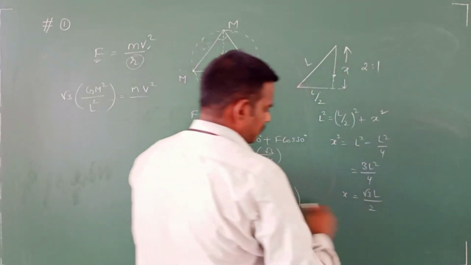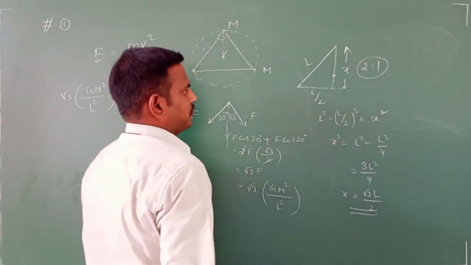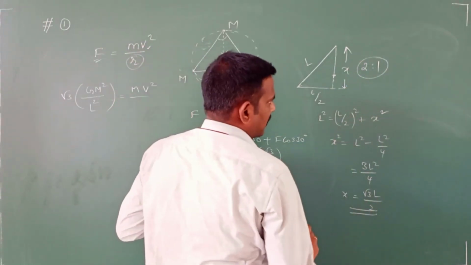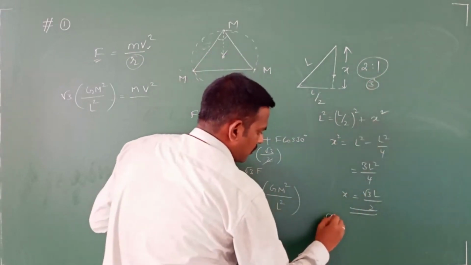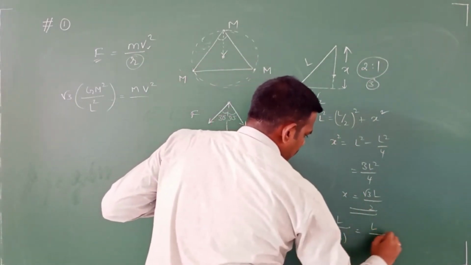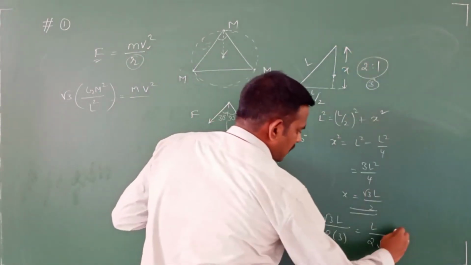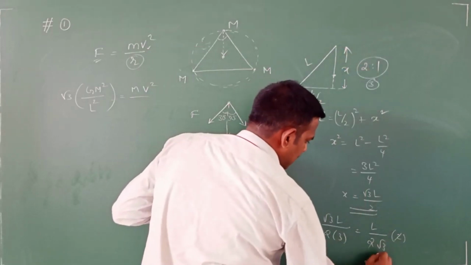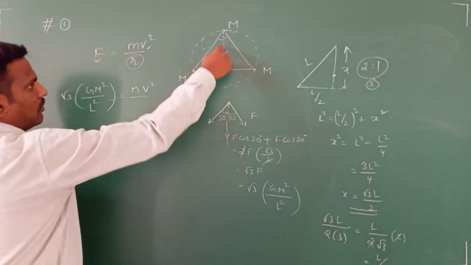So the 2:1 ratio, the total distance is root 3 L by 2, the ratio it is dividing is 2:1, and so therefore what is going to be the total value? This total value is how much? 3, no? So root 3 L divided by 2 times 3 will be equal to L root 3, and in that it is twice only, no? So therefore 2 times. Now the 2 gets cancelled. How much will we get? L by root 3. So this distance is equal to how much?